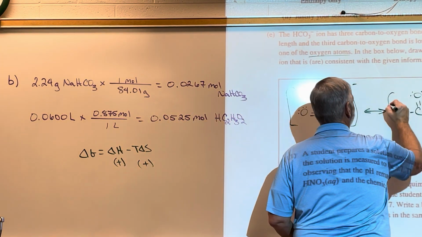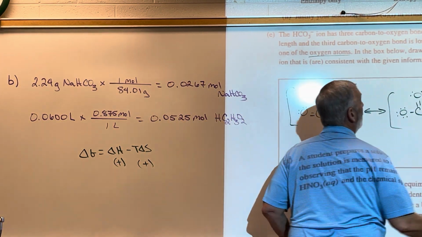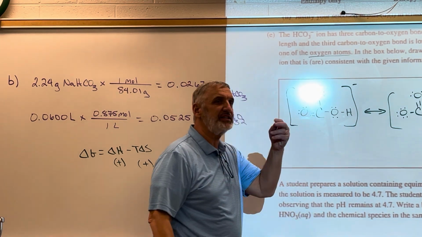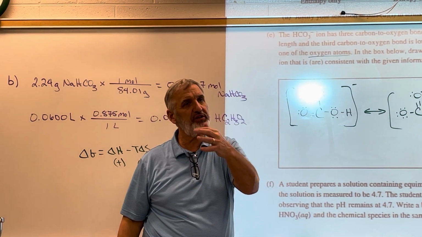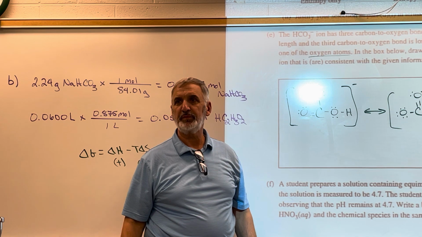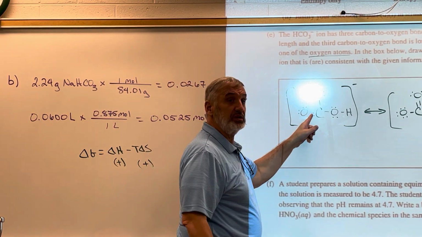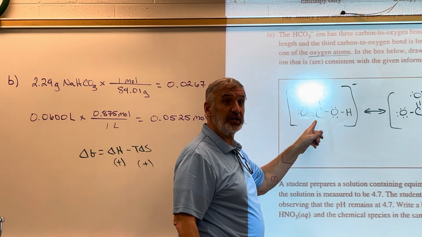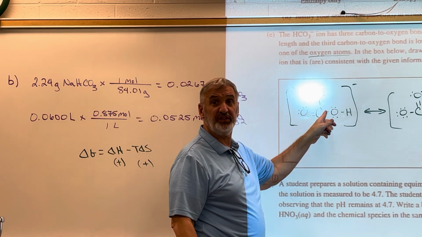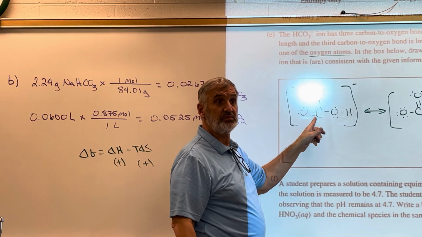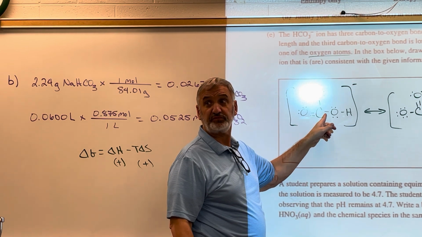That's good. Okay? Now, why does it say that 2 of the bonds are the same and one is longer than the other? Because the resonance one is shared. These two are going to be identical. What's the bond order going to be on these? About 1.5.